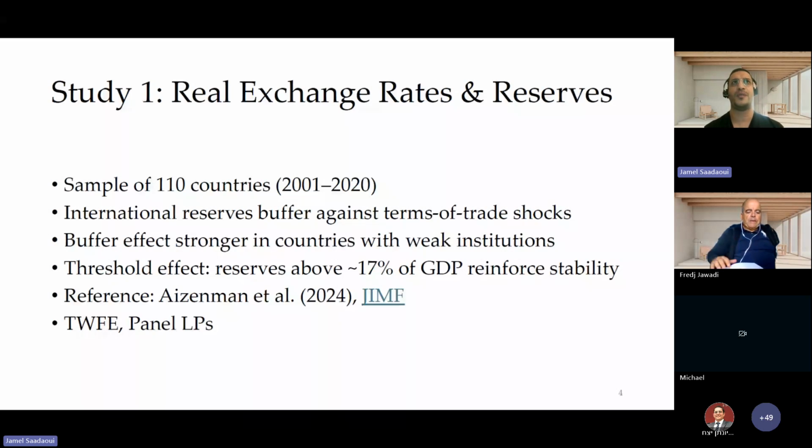And you have some papers by Ghosh and others showing that excessive exchange rate volatility may weaken growth. So what we discovered in this paper is that countries that have weak financial institutions, in fact, use the reserves more, and they have a stronger buffer effect.